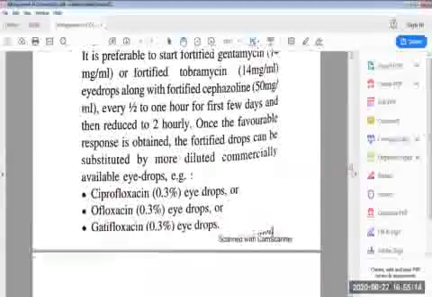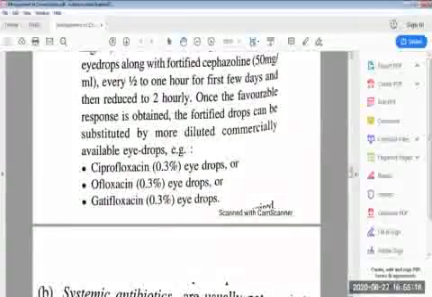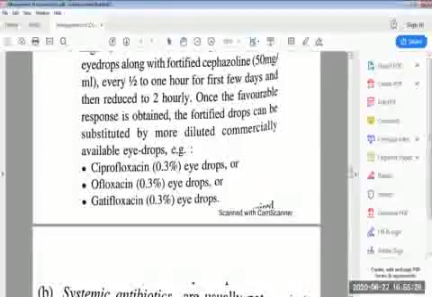Once a favorable response is obtained, the fortified drops can be substituted by more diluted commercially available eye drops like ciprofloxacin, ofloxacin or gatifloxacin eye drops.